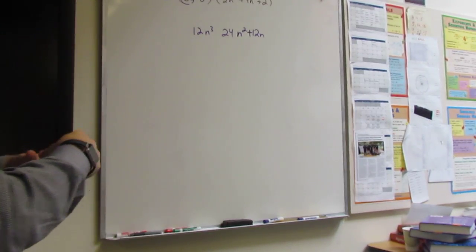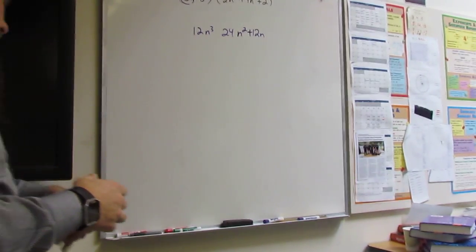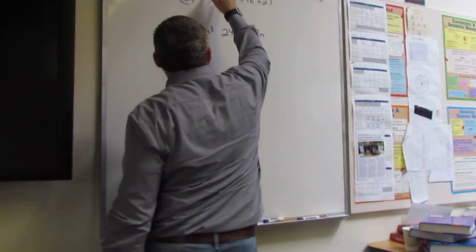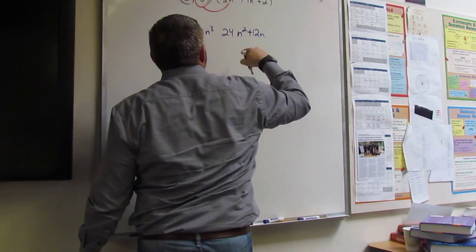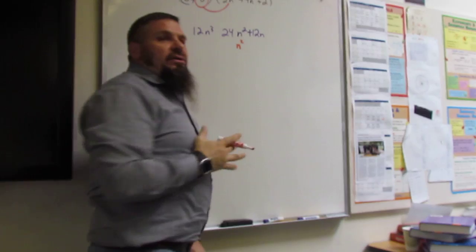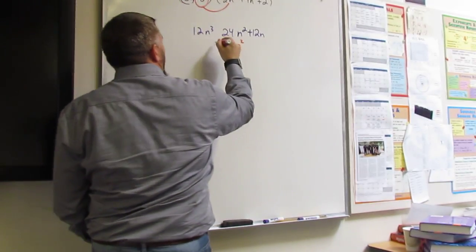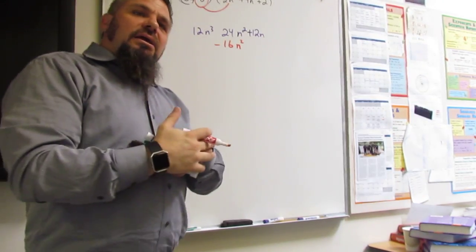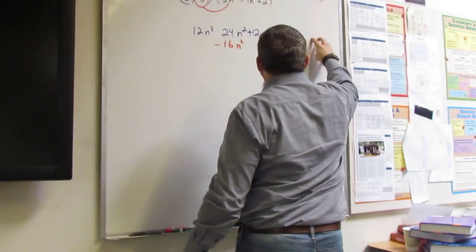So now I'll change the color. Use red. Negative 16n squared. So I'm going to put it with the n squared. Negative 16.